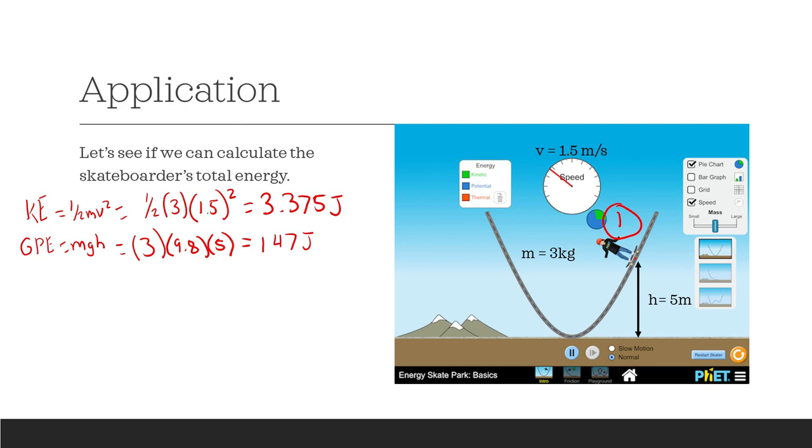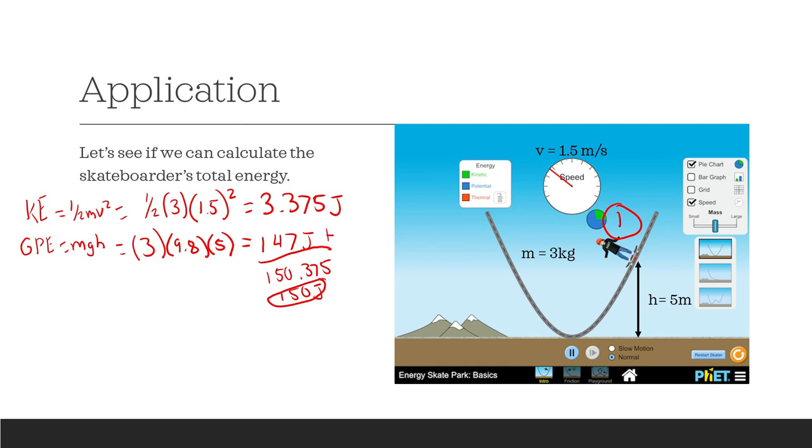So in this case, we've got a much bigger gravitational potential energy than we have kinetic. And once we add these up, we get 150.375, or about 150 joules. So that is the total energy at position 1.